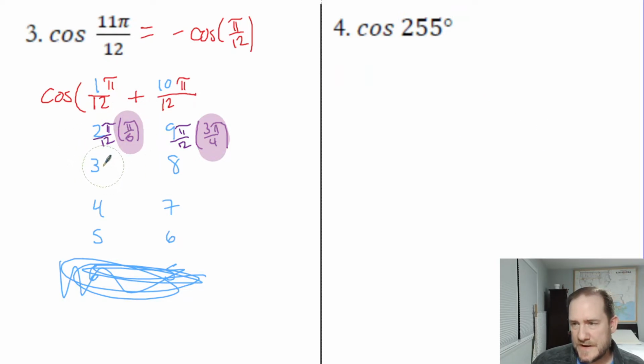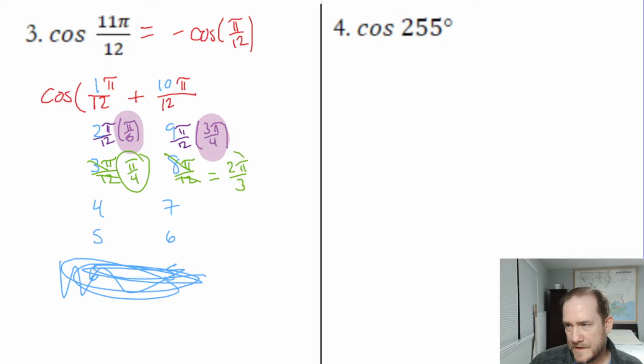So what about the 3 and the 8? That actually works too, because 3 pi over 12 would reduce down to pi over 4, which is evaluatable because it's 45. These are both divisible by 4. You get 2 pi over 3. That's evaluatable. That's just a 60-degree reference angle from quadrant 2. So that's a different one that will work for us.